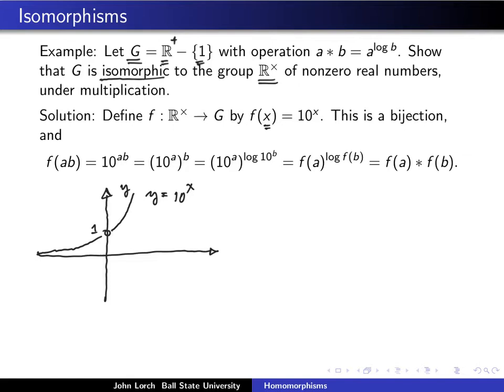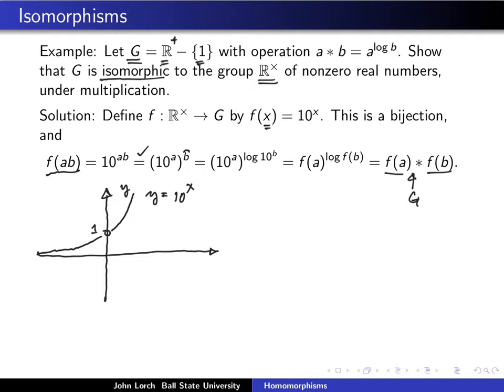But now we need to show that it preserves the operation. That is, we need to show that f of a times b is equal to f of a star f of b, where the star is the operation over here in our group G. Okay, well, let's start our chain of equations here. So f of a times b, well, that's 10 to the a times b. And then using a law of exponents, that's 10 to the a raised to the b.